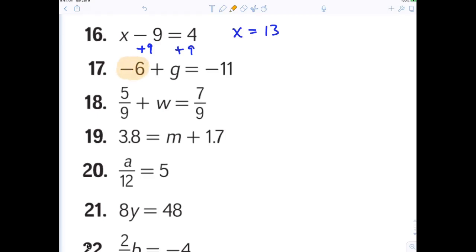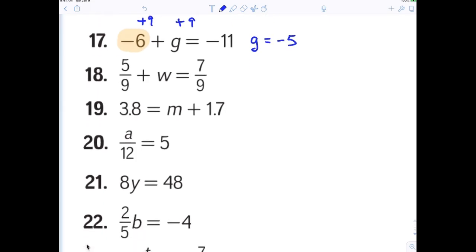And how do I eliminate the minus 6? Add 6. So you should be comfortable to say that G is equal to what? Is everybody happy with that? -5. Now remember, it's your grade, so you've got to speak up. If you're thinking, I thought it was -17 or something like that, you just have to tell me. Everybody good? Any questions?